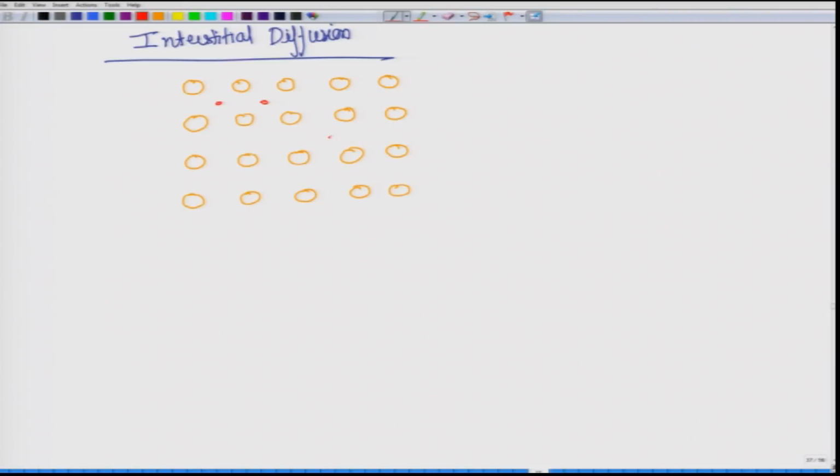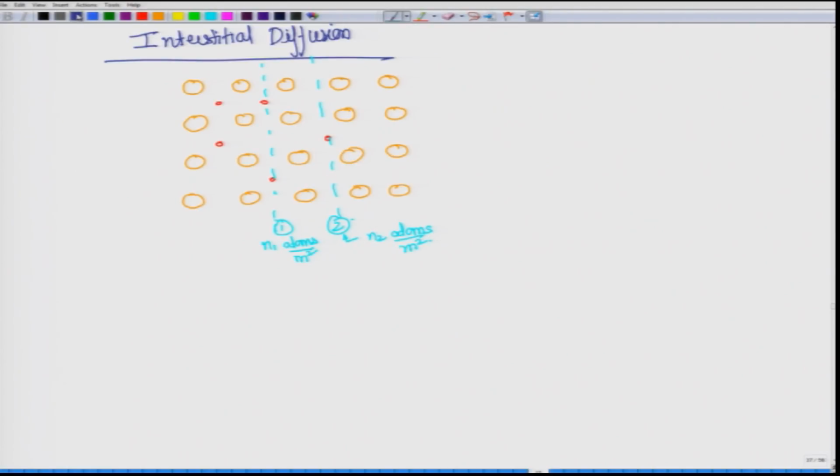So, it is not everywhere, they are at some places. And what I am trying to show here is that there are two planes that we are talking about. This is plane 1, this is plane 2, and the way we are showing is that concentration is higher on this side and lower on this side. So, this has N1 atoms per meter square and this has N2 atoms per meter square.